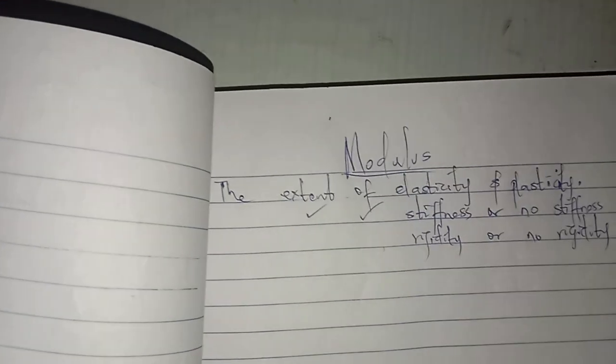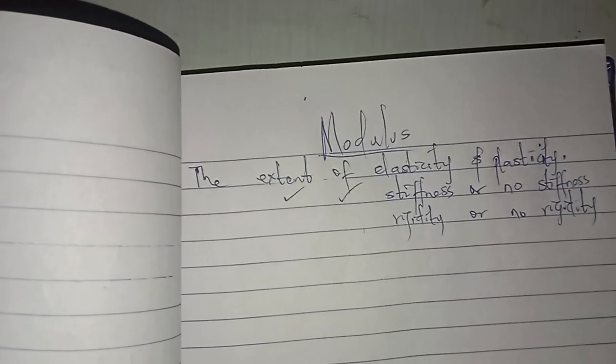For example, if I'm trying to check the modulus or the elasticity of a ruler, and the minute I apply force, it immediately breaks, I'll state that that ruler is very stiff. Because that ruler is very stiff, I say that the modulus is very high.